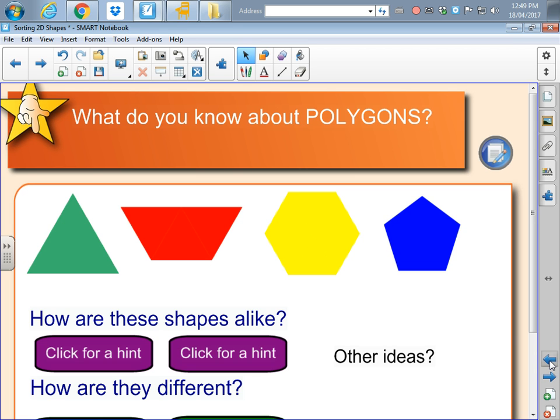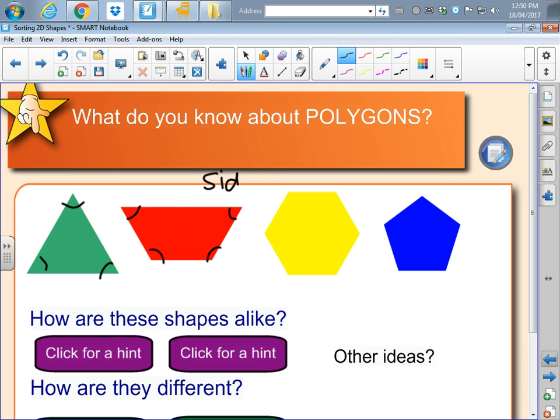They all match. So this has 3 sides and 3 angles. This has 4 sides, 4 angles. So for every one, the sides match the angles.